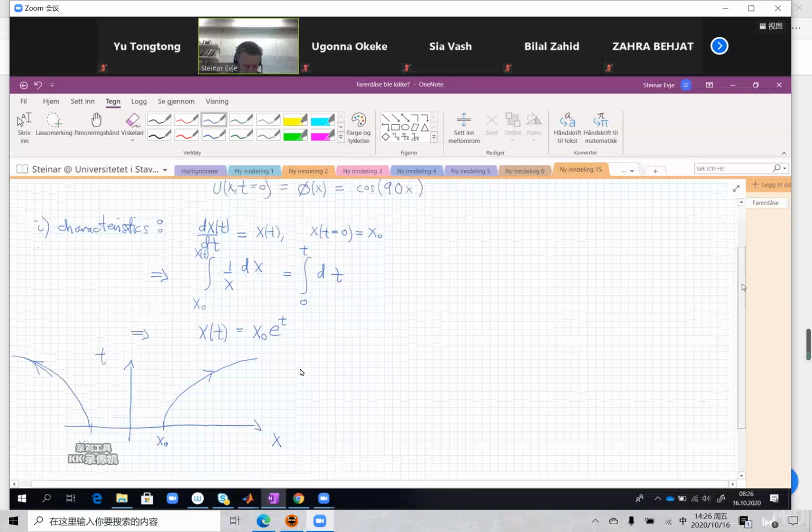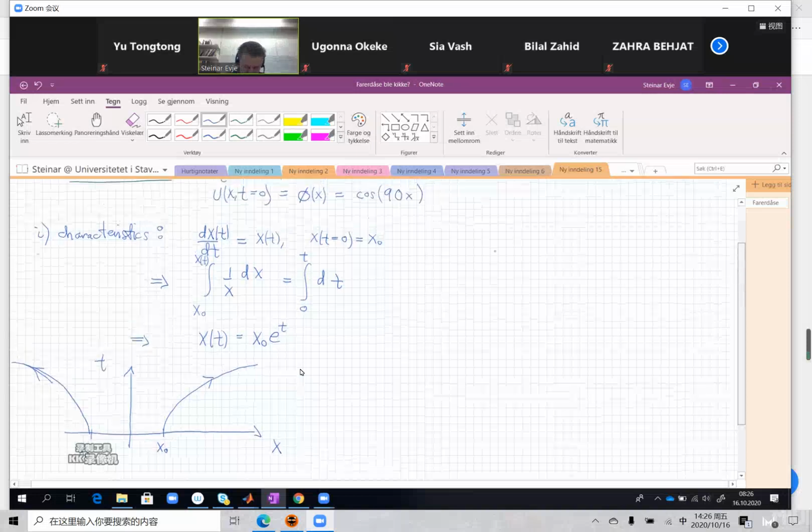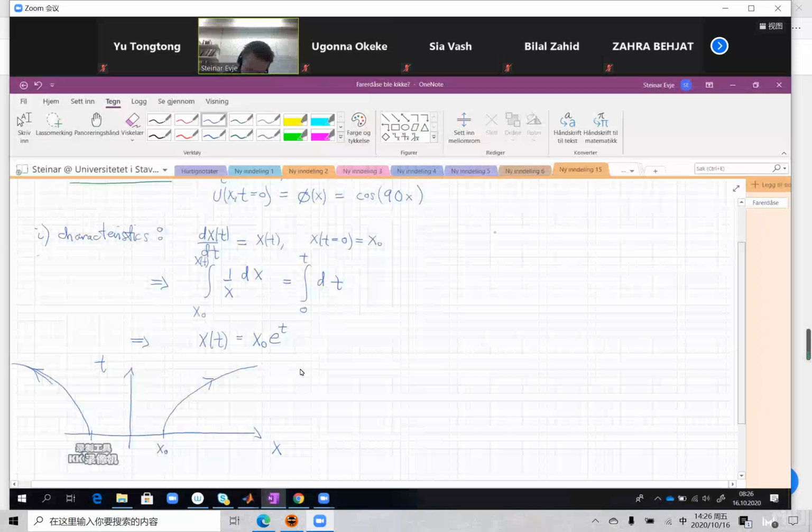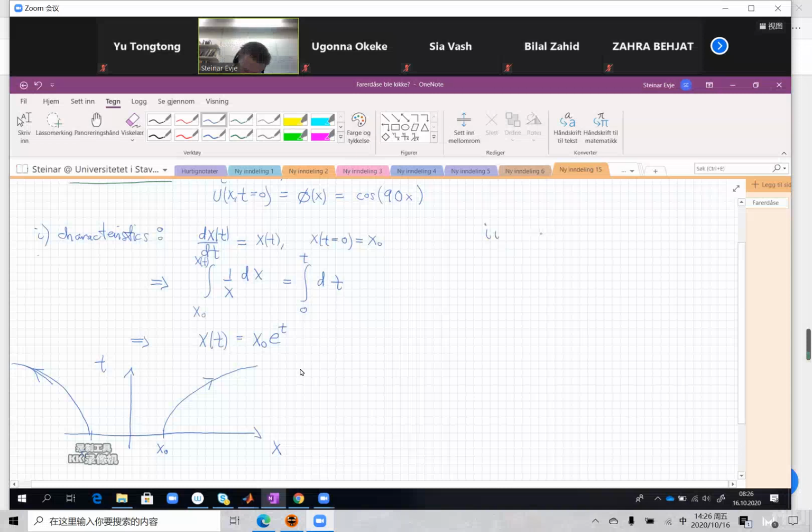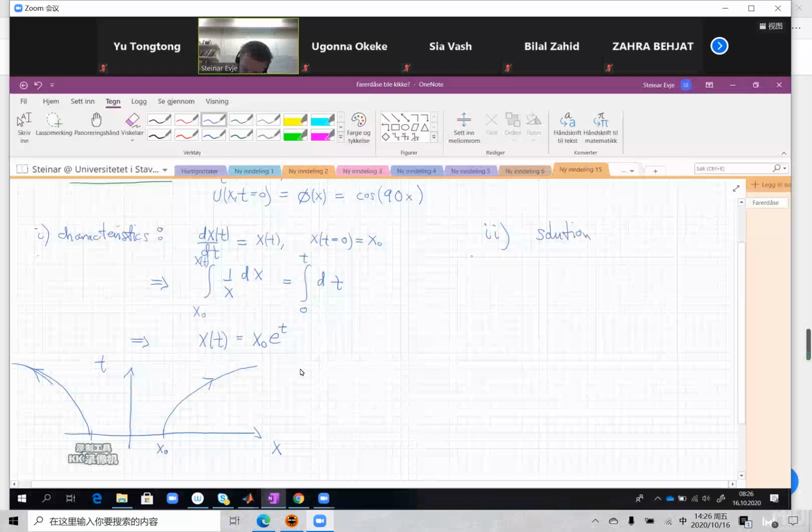But now we want to use this characteristic to identify the solution. So we consider u along this characteristic.